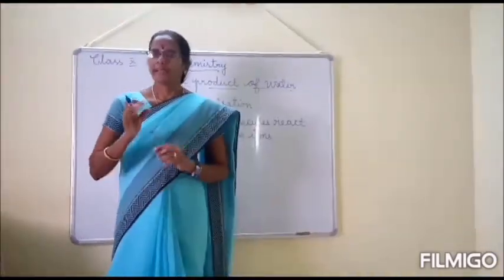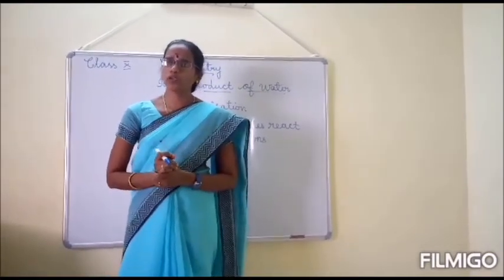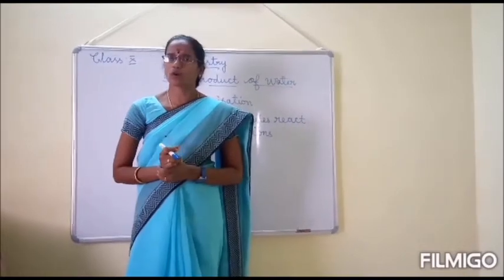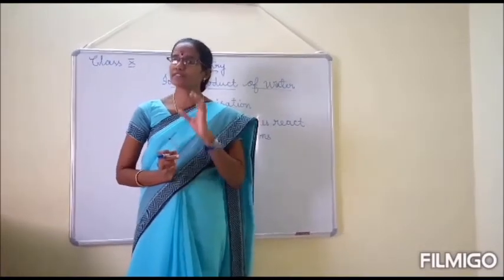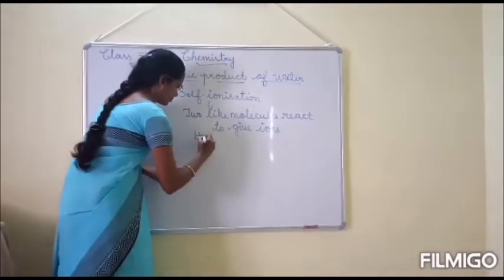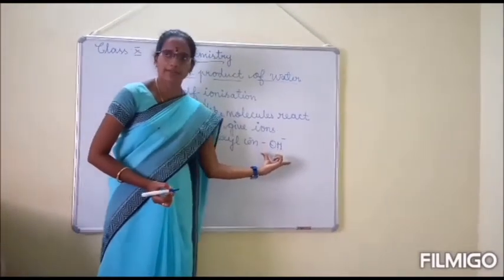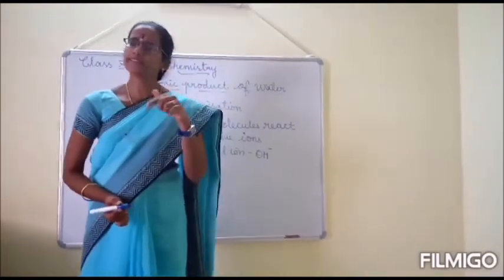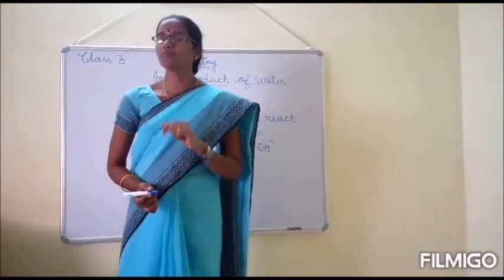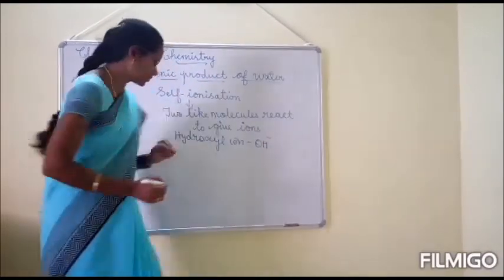Okay. In this process, a proton from one water molecule transfers to another water molecule and forms the hydroxyl ion, that is OH minus ion. And the proton gets dissolved in water and forms the hydronium ion, that is H3O plus ion.